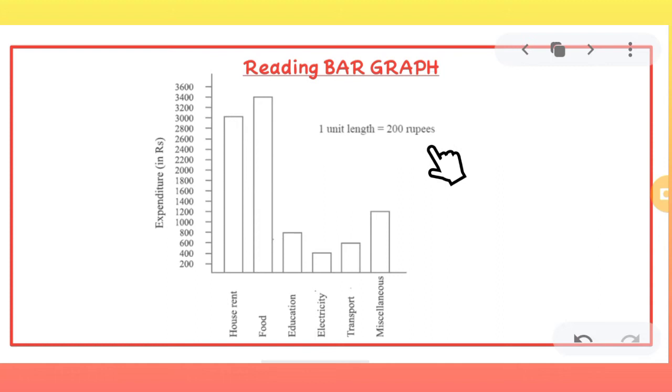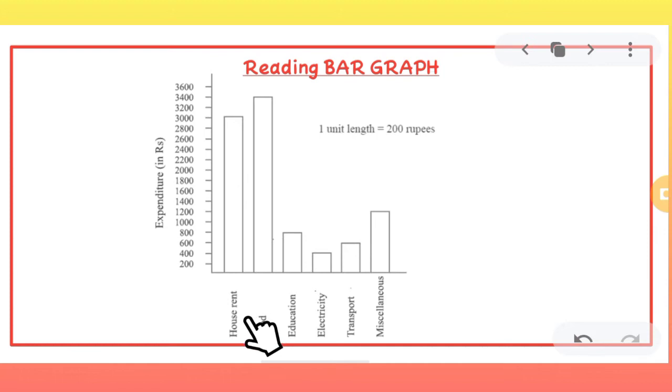This means that this one gap between two lines is equal to 200 rupees. That's why you can see the first is 200, next is 400, next is 600. An equal gap of 200 will be there in every amount. So this is very important while drawing a bar graph.